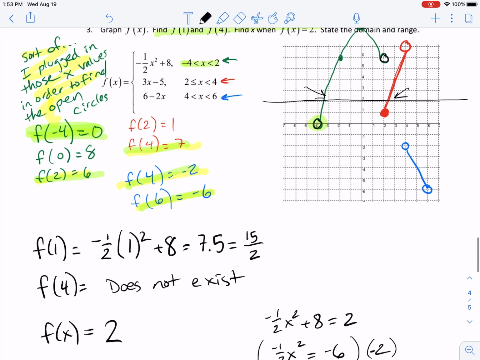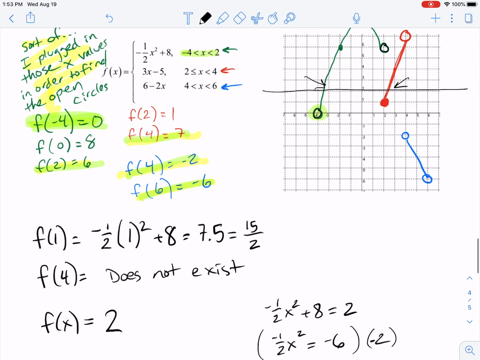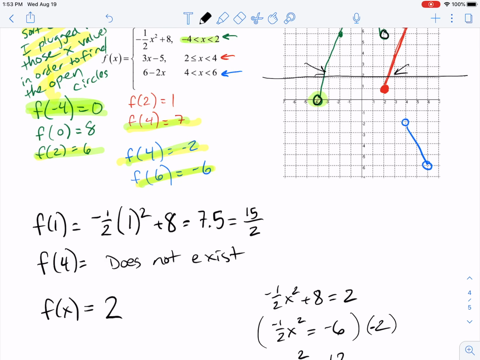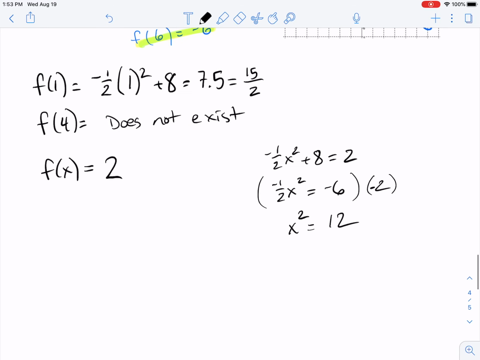And so, sure enough, that doesn't really look like a nice, pretty number. You see how that's intersecting somewhere between -3 and -4. I realized that the square root of 12 is not a nice, pretty number. But if you remember from the cheer, we say square root, plus minus. And so x is equal to plus or minus root 12, which is 4 times 3, so the square root of 4 is 2 root 3.